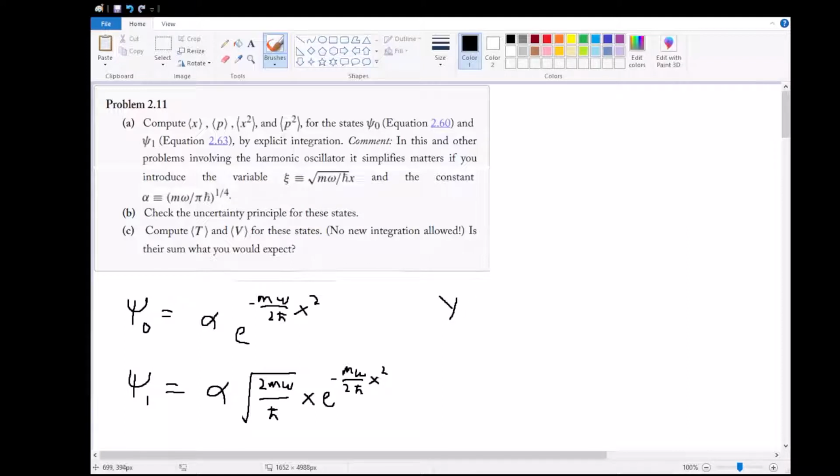For now, let's define y as x times the square root of m omega over h bar.